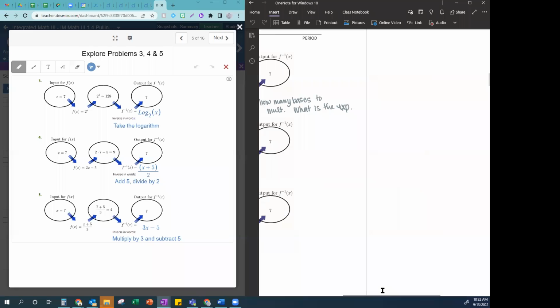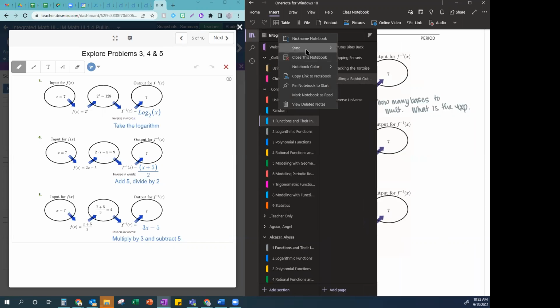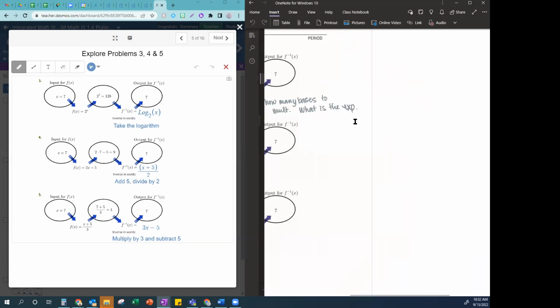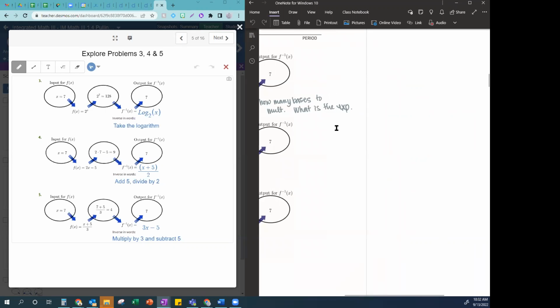The way it works is this. If I have some a to the x equals b, right? This is something that you're super familiar with, right? So a to the x equals b, which is not showing up. That's not friendly.